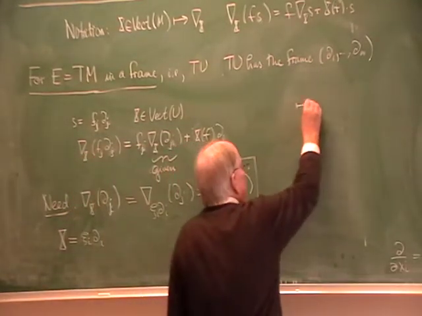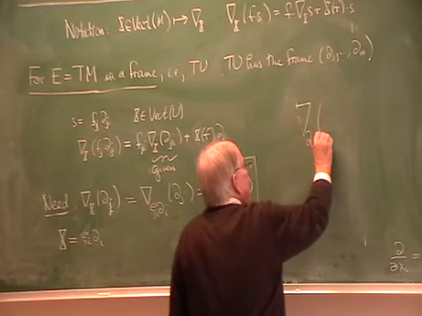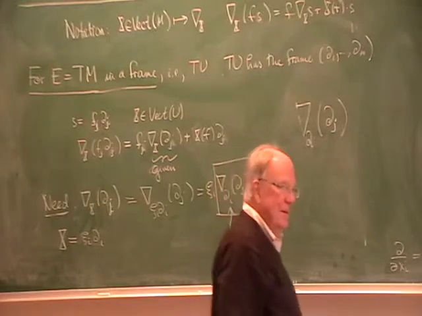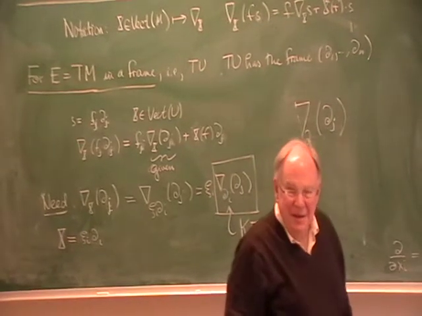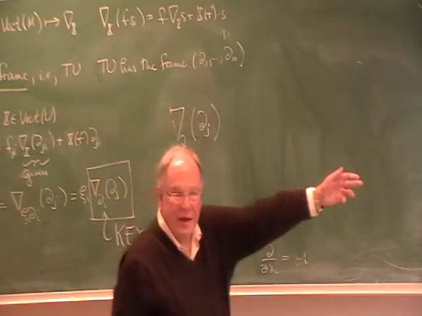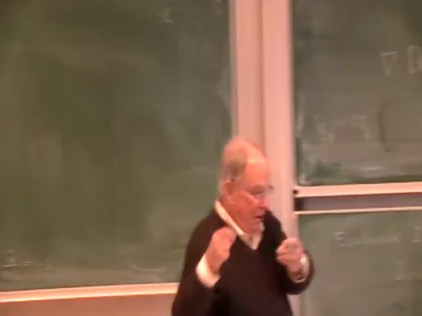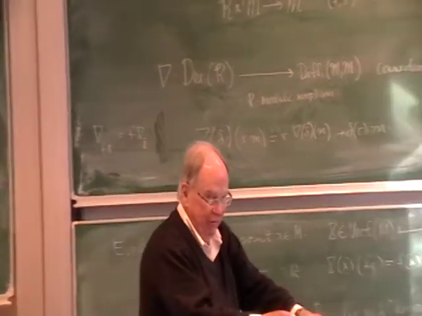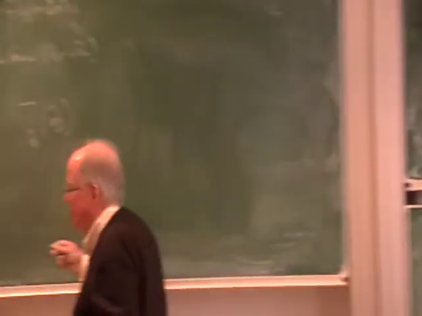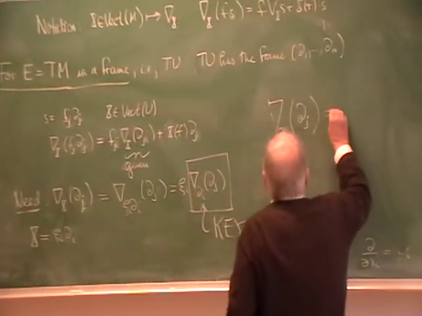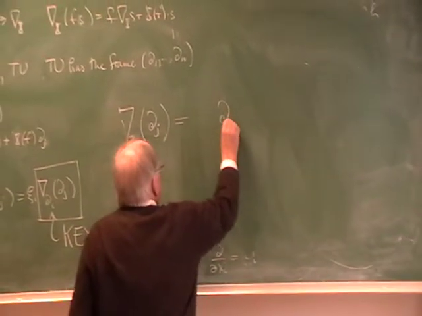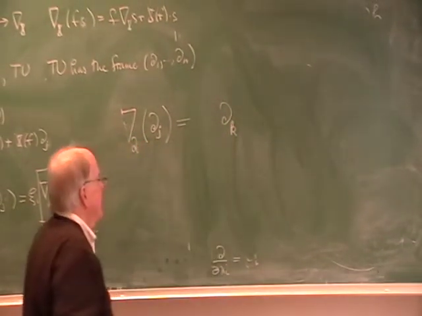So nabla of di dj is again a vector field because it's a differential operator on vector fields. What is it? What did I say? You take a vector field and apply it to a vector field. It's a differential operator. So you're going to get a vector field which is some linear combination of dk.